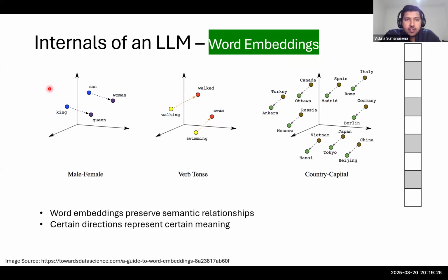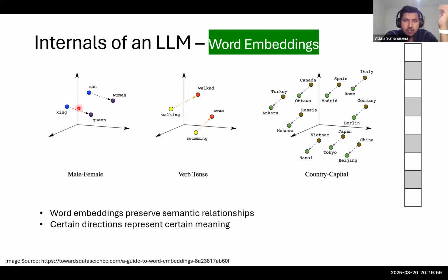For example, if we have in this space a position for king, and a representation for queen in this embedding space, the distance from king to queen is in this direction. Similarly, for two words like man and woman, this direction will have that gender-like direction.